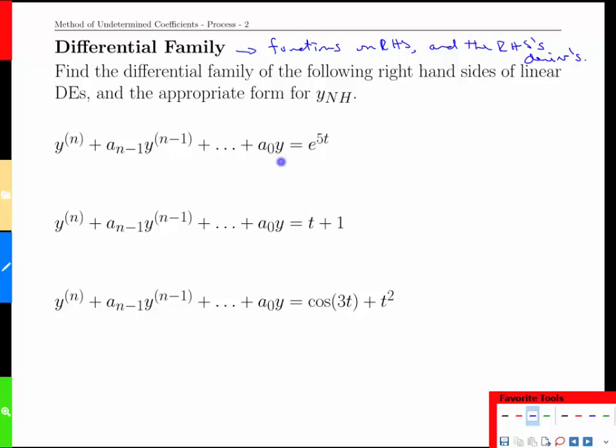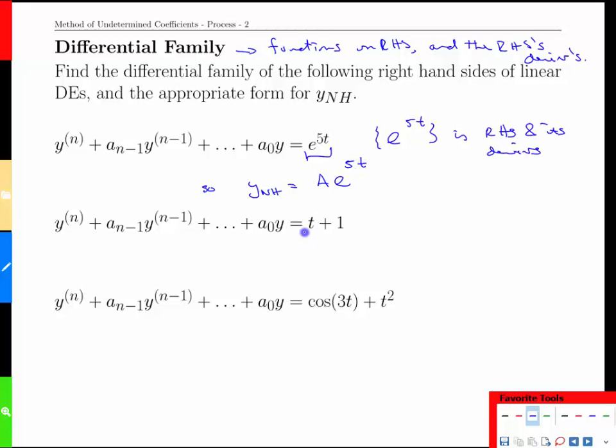If we take a look at this example here where the right-hand side is e to the 5t, then e to the 5t, this is a little set notation here, is all that's needed for the right-hand side and its derivatives. If I differentiate e to the 5t, I just get more e to the 5t's. And so in that scenario, our y for the non-homogeneous part would just simply be some constant times e to the 5t, and we'd be done.